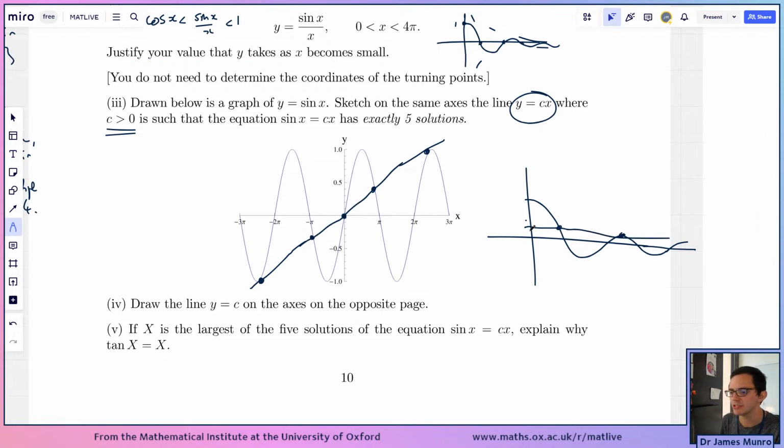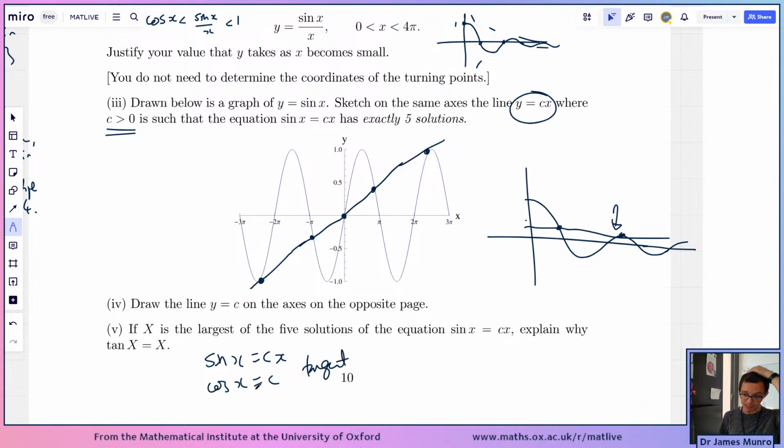I'll get my 0 solution. Why don't I have 0 solution anymore? I've multiplied that by x, it's fine. If x is larger than the 5 solutions, that's this one. So this is the point where sine x equals cx, explaining why tan x is equal to x. Oh my goodness. That'll be comparing the values and the derivatives, and then plug it back in. We've got its tangent. So plug it back in.